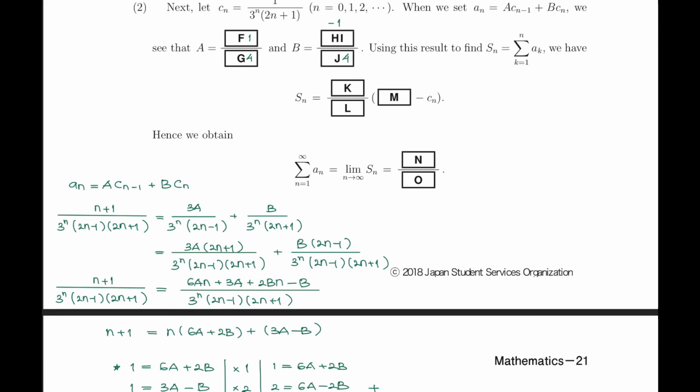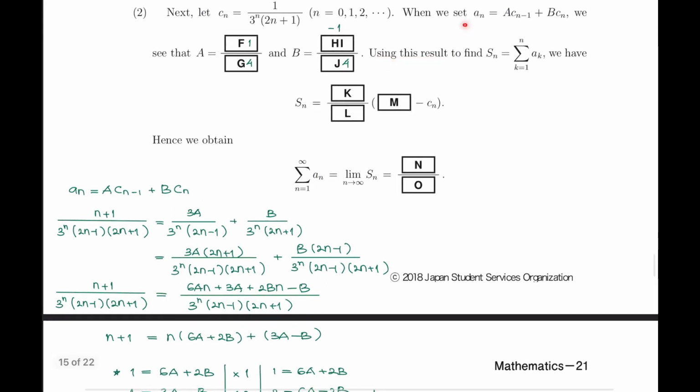Okay, next, using this result, we already know the value of a and b, right? By using this, find Sn. Sn is the sum of the first n terms. Our an is 1 over 4 Cn minus 1 plus b, which is negative 1 over 4 Cn.